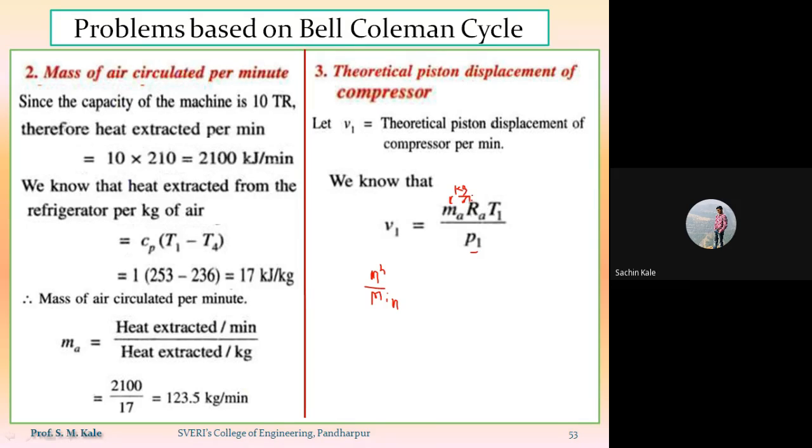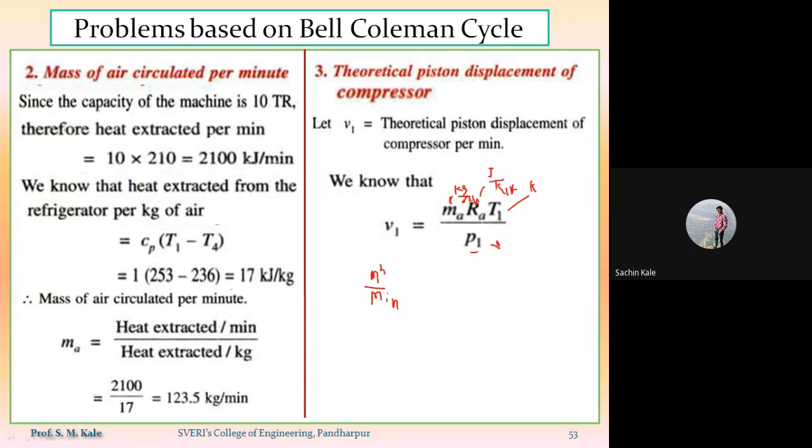Here I am unable to write properly using this pointer. The value of RA we always consider as 287, because that value will be in terms of joule per kg Kelvin. And whatever value of T1 we consider, we have to take it in Kelvin.